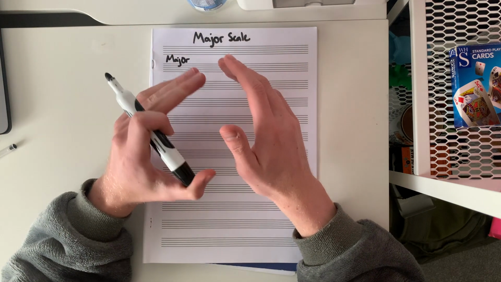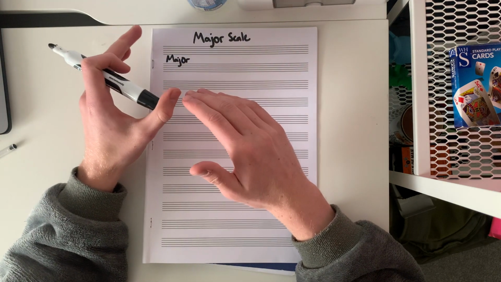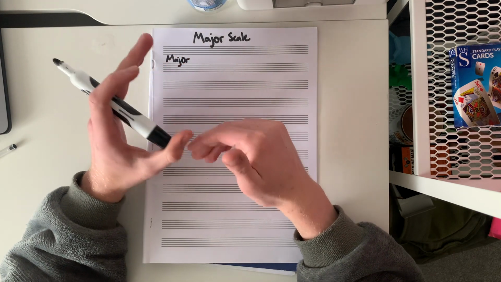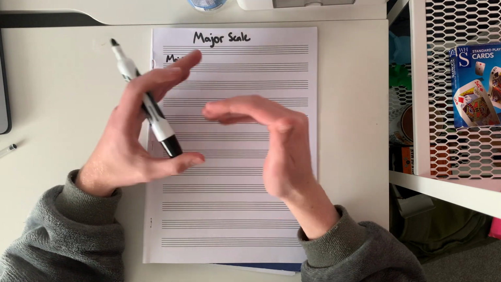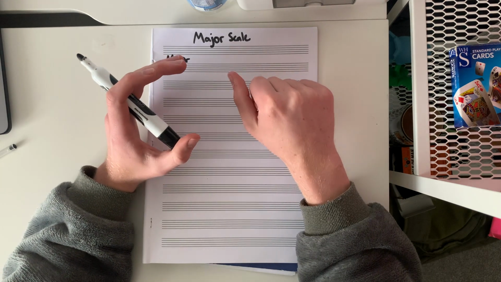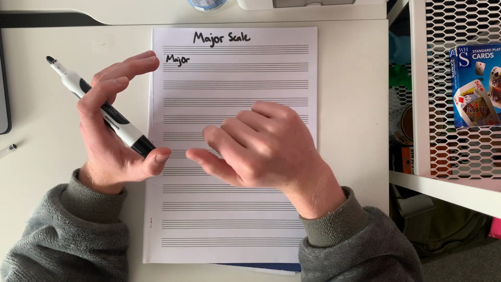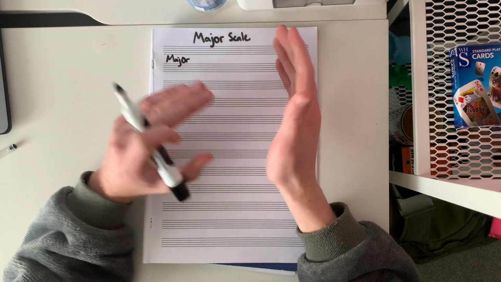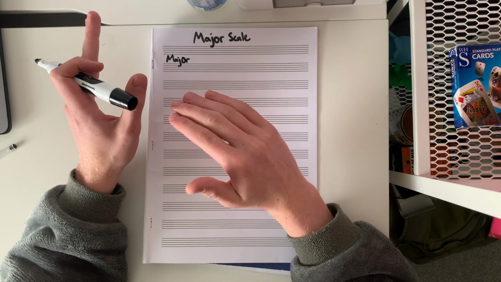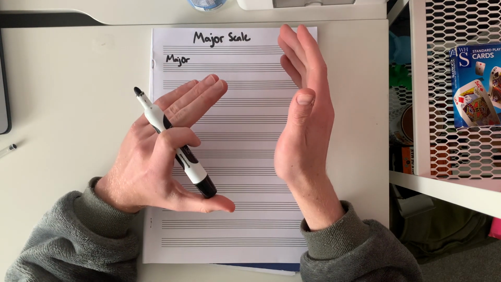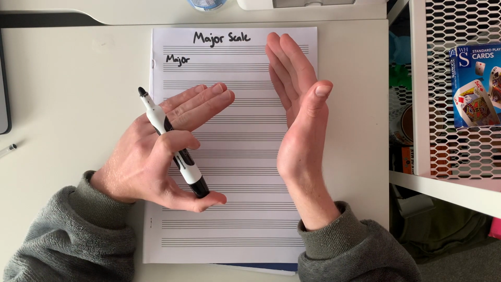There are technically many more, but the main three that you learn about until you get really deep into it is things are either major, they are minor, or they are atonal, and that means that they are neither major or minor. Normally, though, pretty much every piece of music is either major or minor.